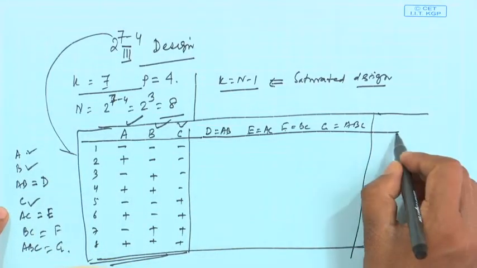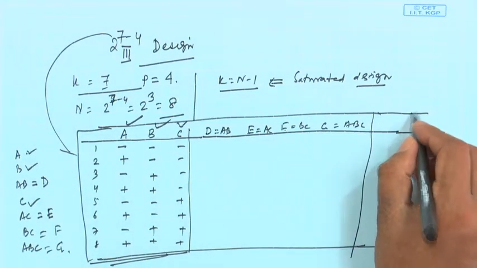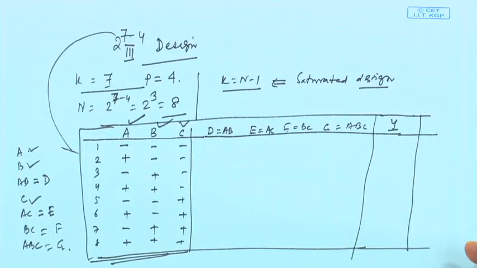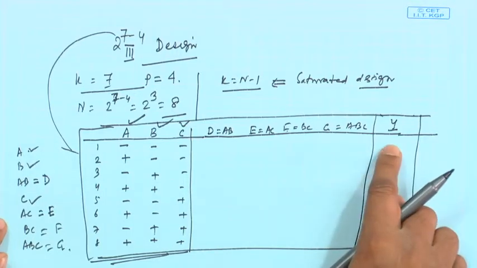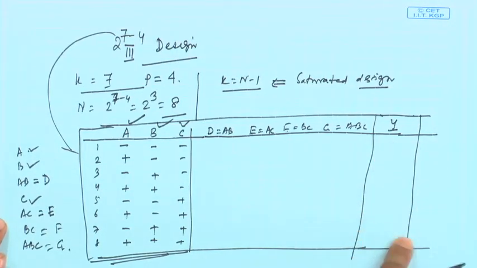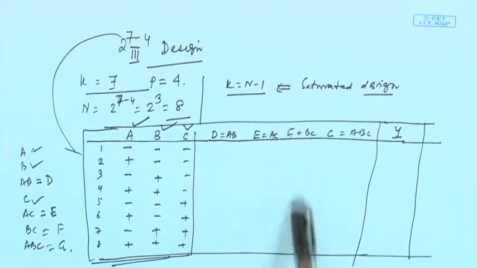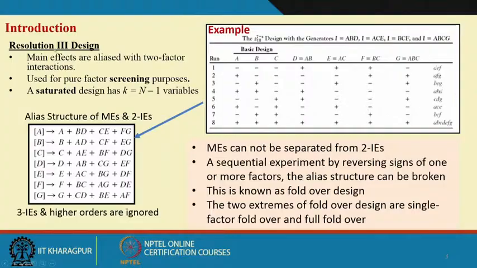Then, if you do the experimentation, you will get some y values, the total response. If you fill in all the plus and minus signs, you will get this structure. In the first run, where D, E, F are positive, you write def.